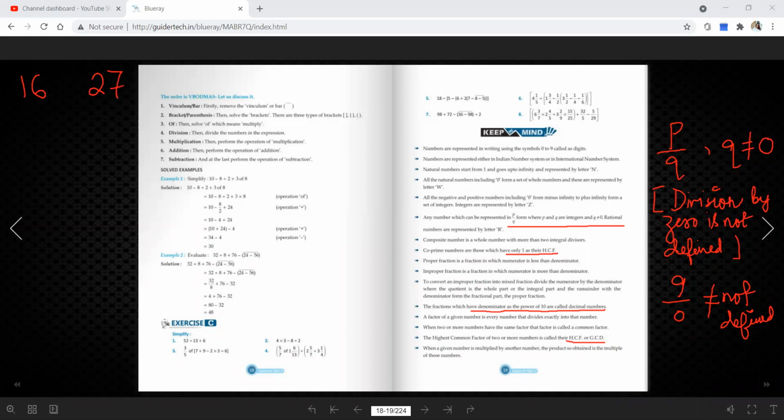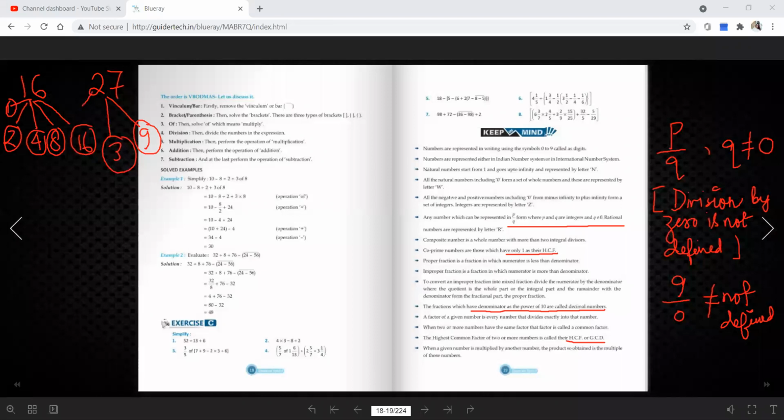Prime and co-prime are totally different concepts. 16 has many factors like 2, 4, 8 and 16 itself, and 1 also. 27 has the factors 3, 9.